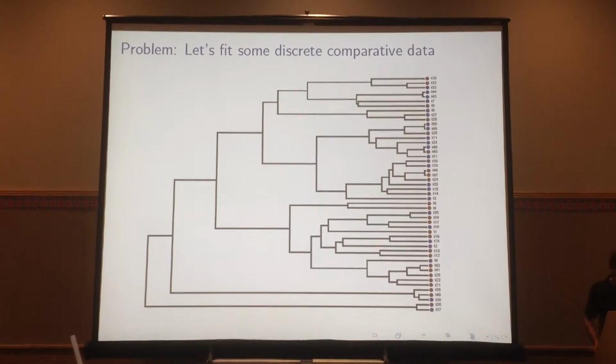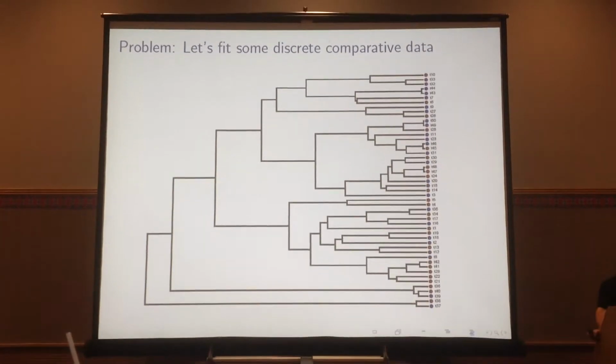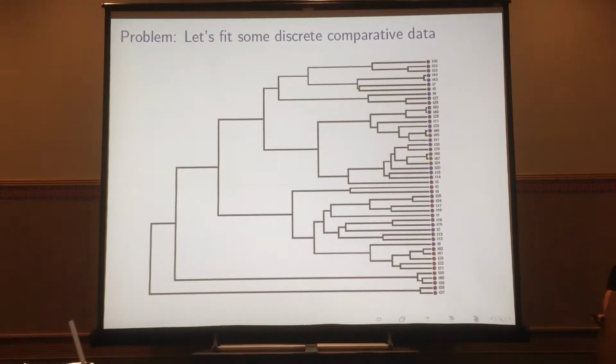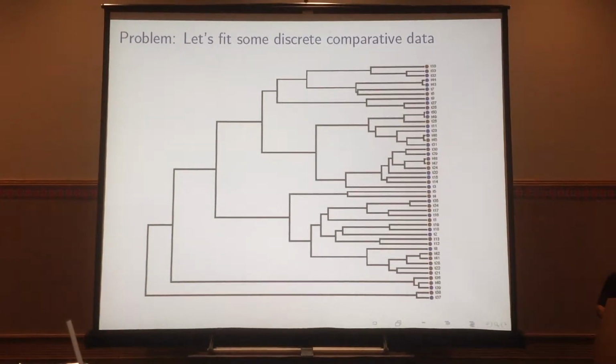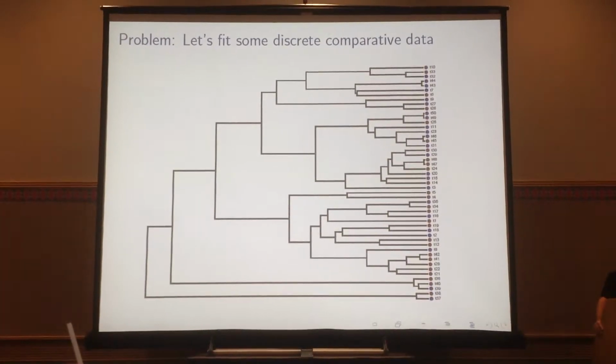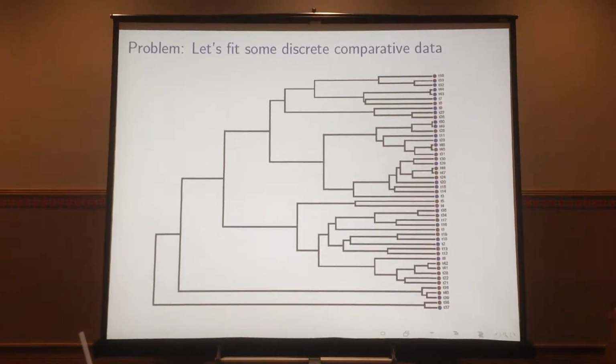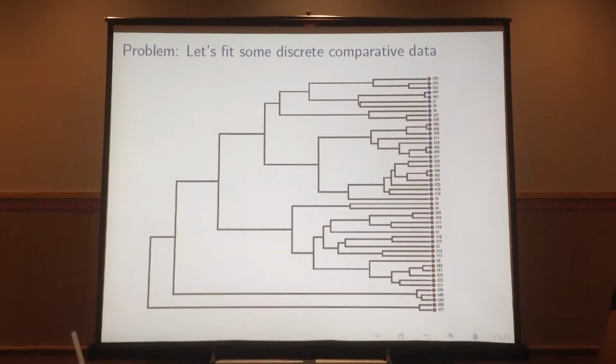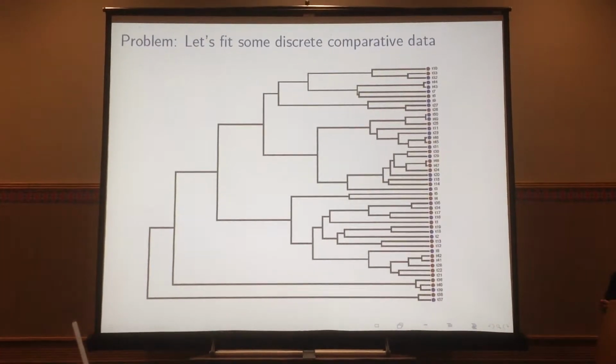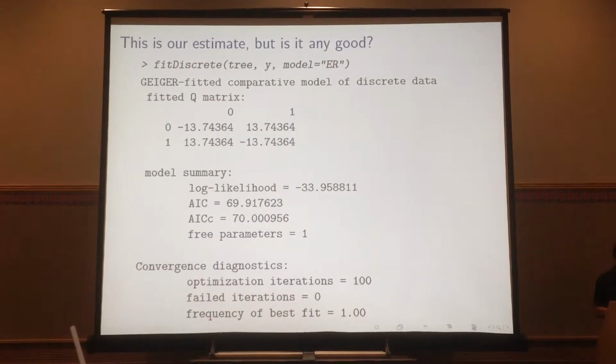The problem is, and that's the normal thing in discrete comparative analysis, we are just trying to estimate this process. And of course there are a lot of different software packages around where you can do this, and you get a result which looks like this.